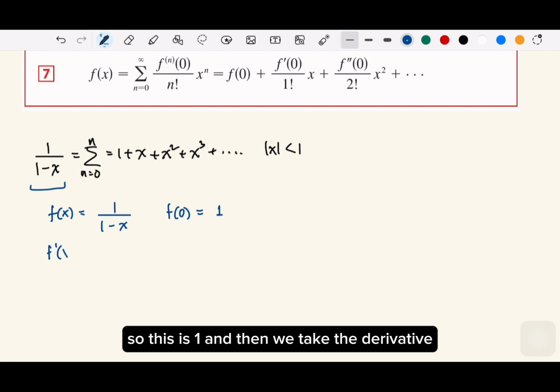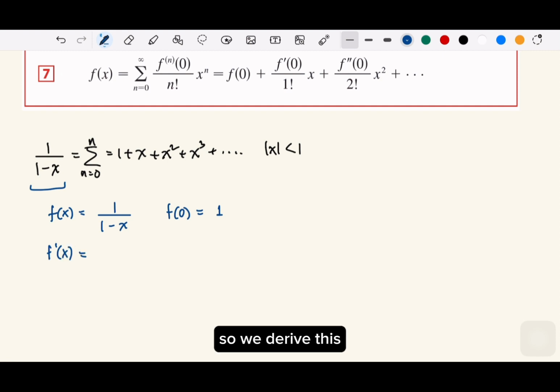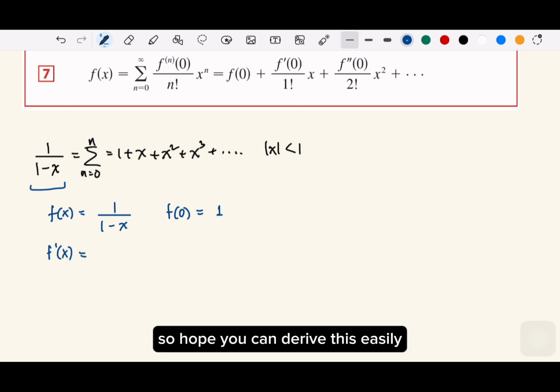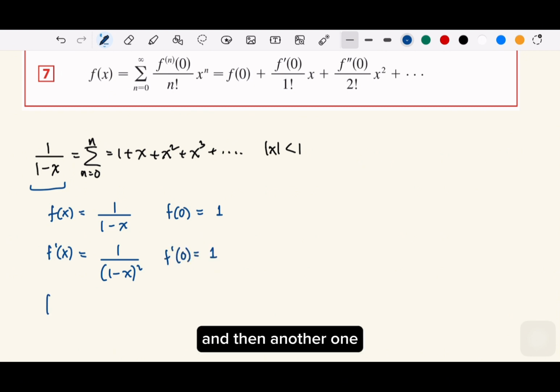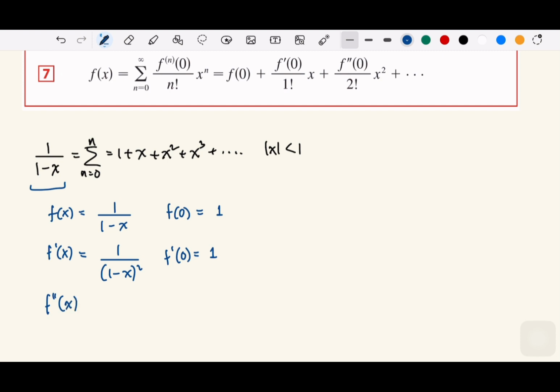And then we take the derivative. I hope you can derive this easily, so I will just write the final result. And then plug in. And then another one is multiplied by 2, right?